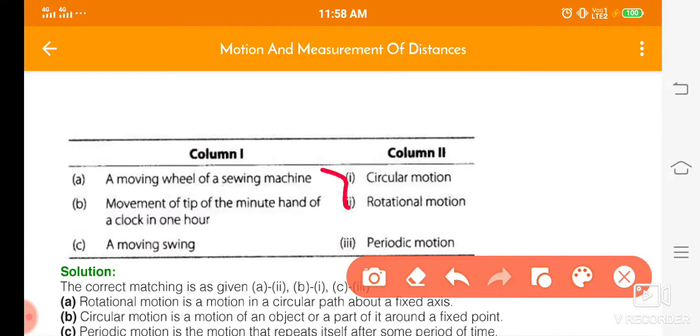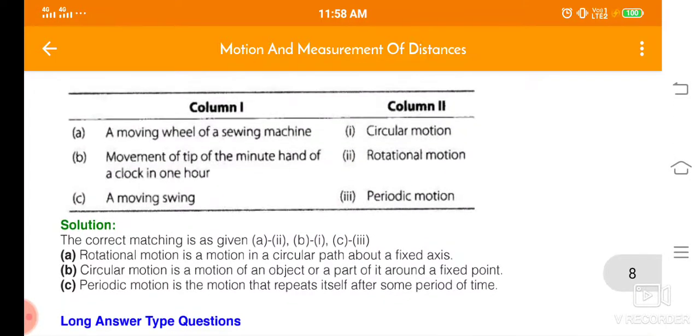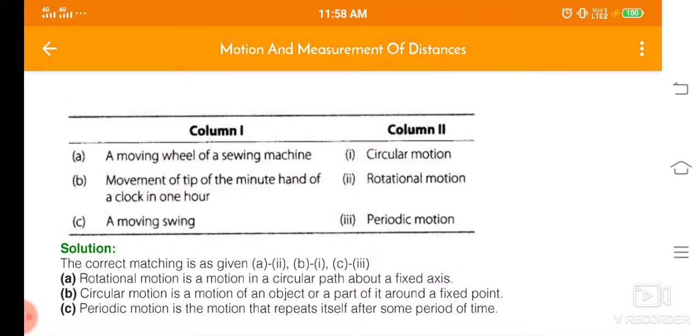Answer first, circular motion, and last is C, periodic motion. The correct matching is as given. A equals second, B equals first, C equals third.